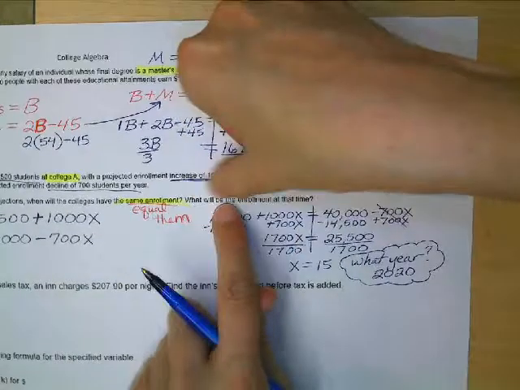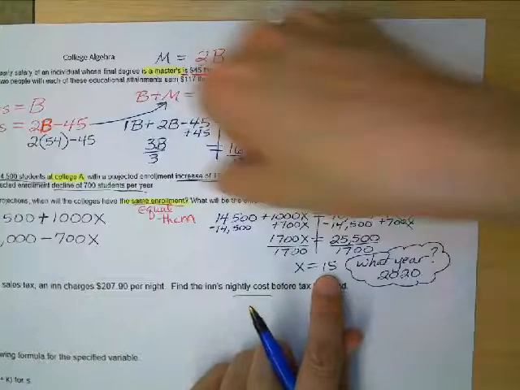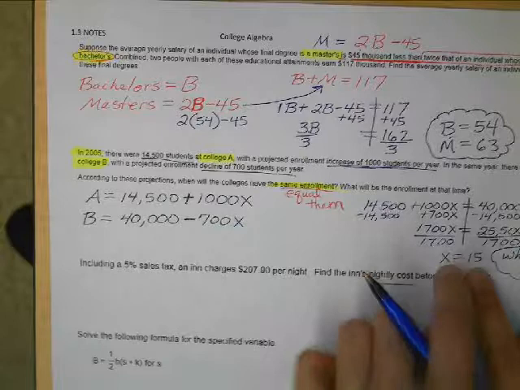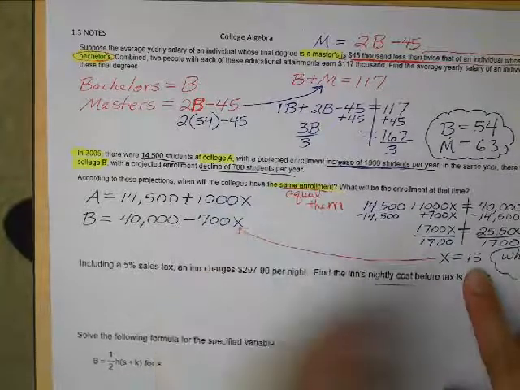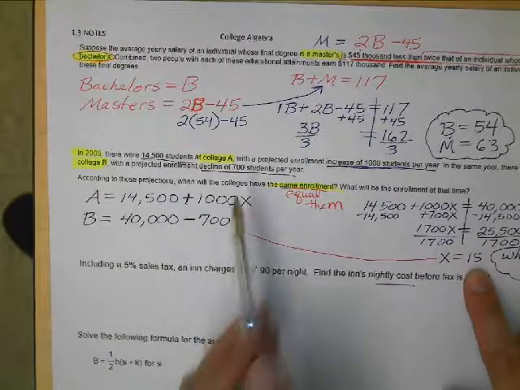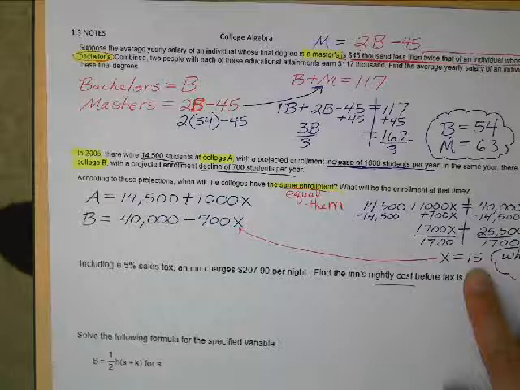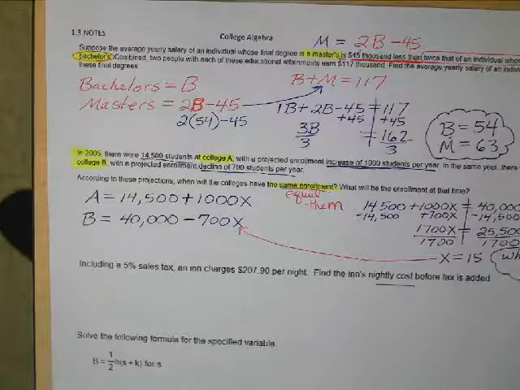What will the actual answer be at that time? When X is 15 and when 15 years go by, what's actually the enrollment? So you have to take this 15 and do what? Yeah, go back to one of the problems and plug it in and find the actual enrollment. You can plug it into either problem you want, you just have to plug it back into one of the problems and get the final answer for what the actual enrollment is.